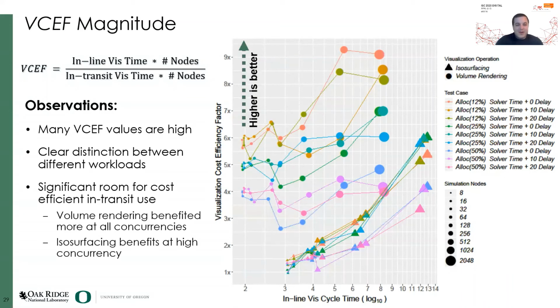So for volume rendering, what we can see is that until we got up to about 16,384 cores, volume rendering wasn't being much more cost-efficient versus the inline. But once we got up to higher core counts, we started seeing 4, 5, and 6x improvements over inline. For isosurfacing, we're starting off right away being a lot more cost efficient, and then it jumps clear up to 9x in some cases.